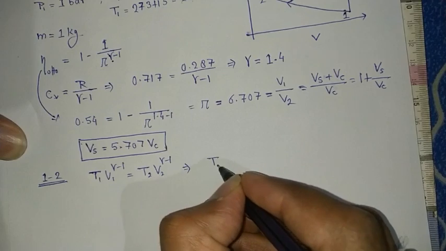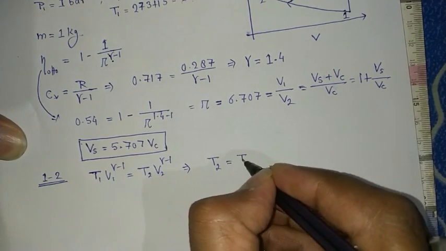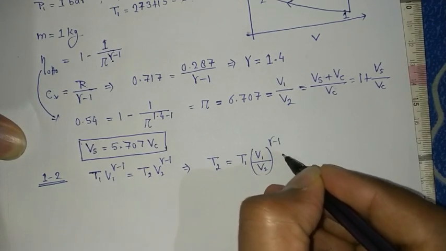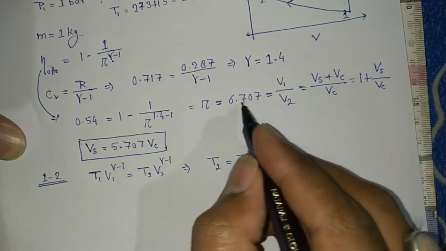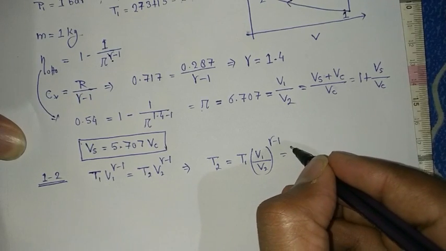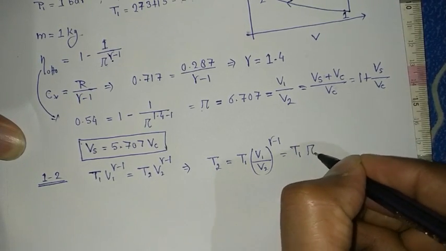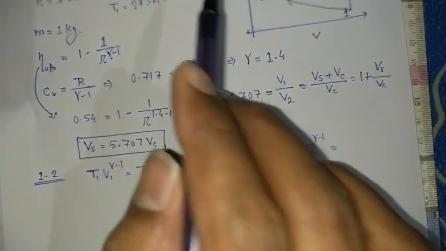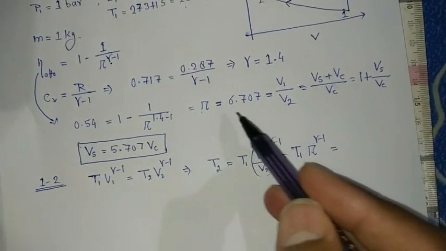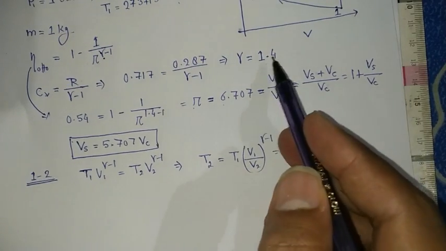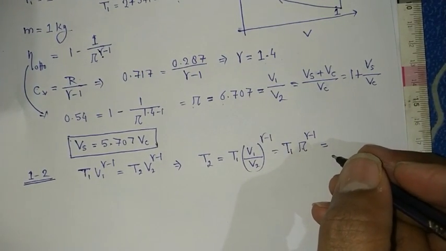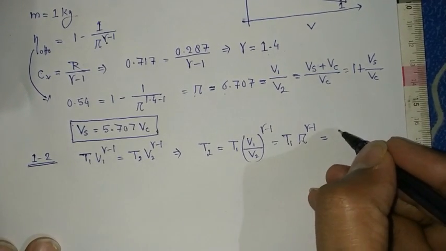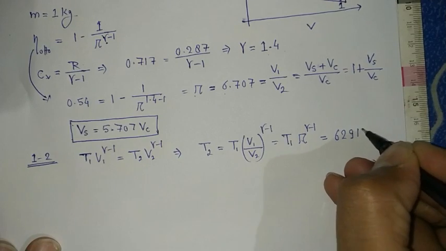From here, T2 is equal to T1 times V1 by V2 to the power gamma minus 1, and V1 by V2 we know is equal to r. So when we put the values of T1 as 288 Kelvin, r as 6.707 and gamma as 1.4, the temperature T2 comes out equal to 629 Kelvin.